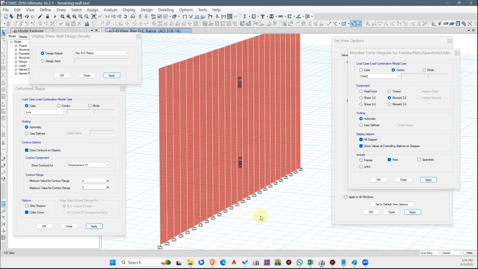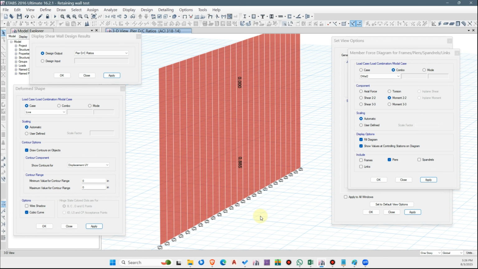Therefore, we can say that the ETABS program designs retaining walls for out of plane bending moment. We don't really use ETABS program for designing retaining walls, but in some complex structures, we have basement walls which work as both a shear wall and a retaining wall.